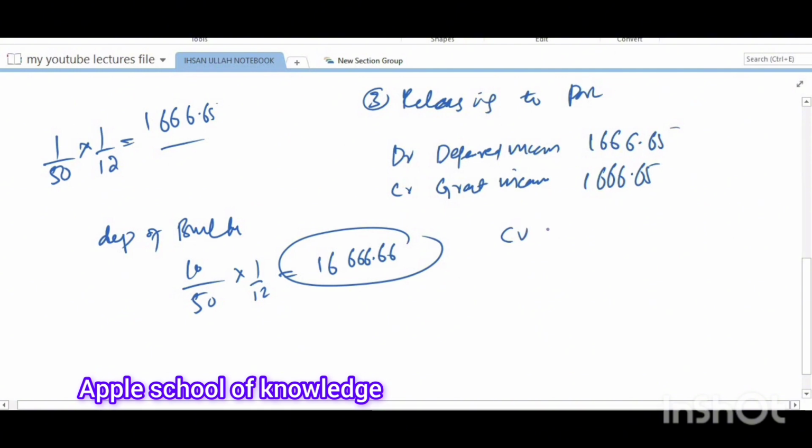So the carrying amount of the asset, meaning the building, will be, if you deduct this amount from 10 million, then you will get this. And the carrying amount of the liability.